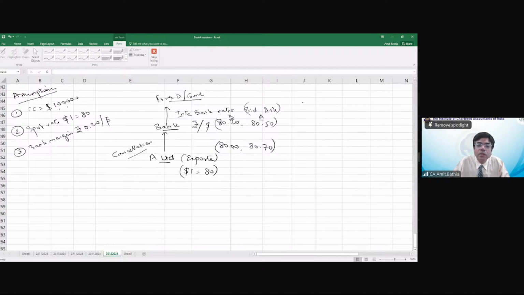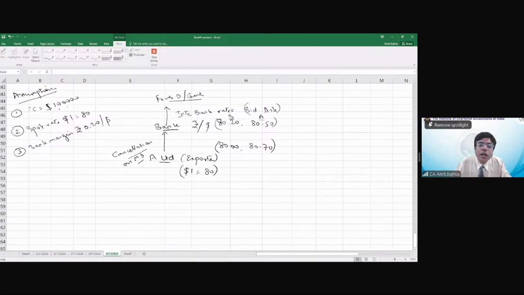Because what bank will do is, bank is going to say, okay, now I have already entered into the contract over here. So as a result of that, I have to pay $100,000. Now, in order to close that position, I will have to essentially buy at spot rate. Let's say this cancellation is happening on maturity date, to keep it simple to start.